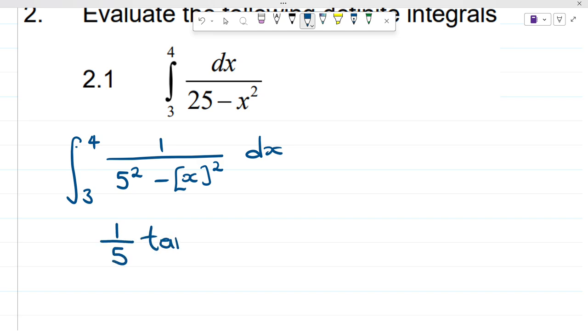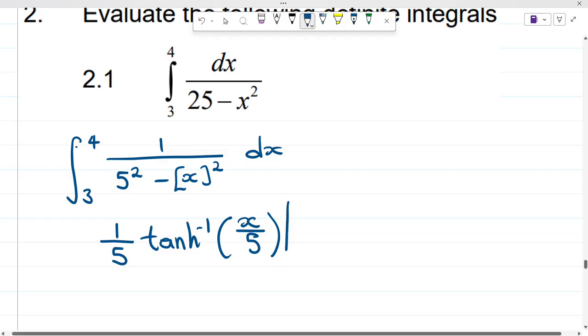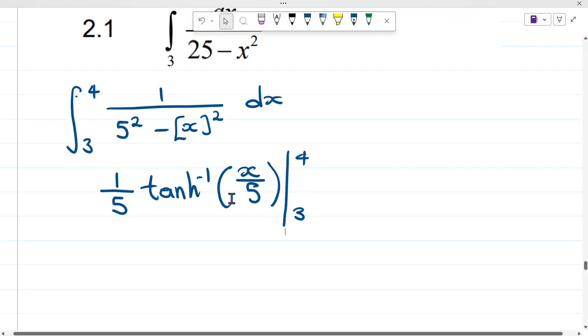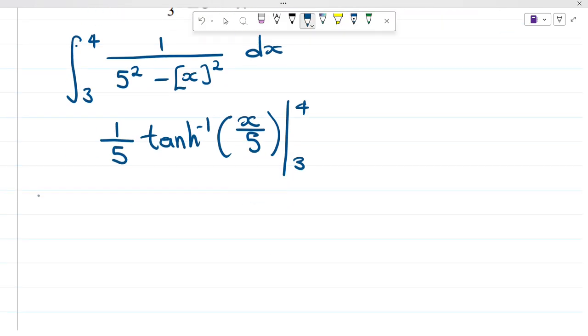And then hyperbolic tan inverse of x over 5. And then we're not going to put plus c because we're dealing with the definite integral. So we're going to put the limits instead, the upper limit on top and the lower limit below. And then from there, we substitute our limits to find the answer for this definite integral.